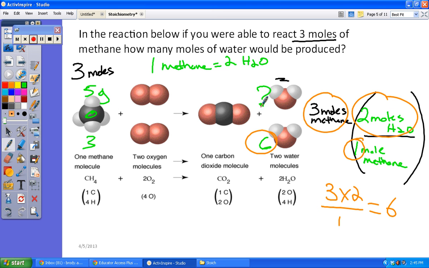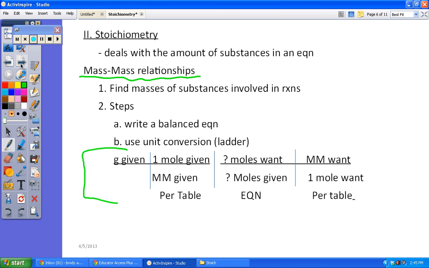Well, we can't just do the 1 to 2 ratio because we're not in moles. We're not in molecules. We're in grams. Grams first need to be changed into moles. So that's what this conversion ladder sets up for you. You have your given substance as your starting point. How many grams of given? In the case that I gave you before, it'd be 5 grams of methane.